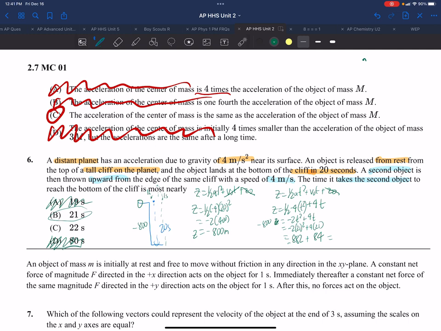So we end up with about minus 798 meters. Now, it's not exactly the 800, but it's very, very close.